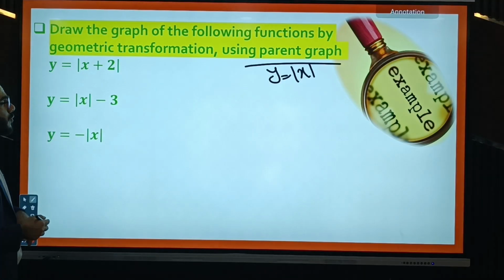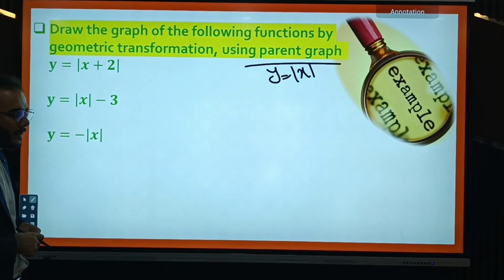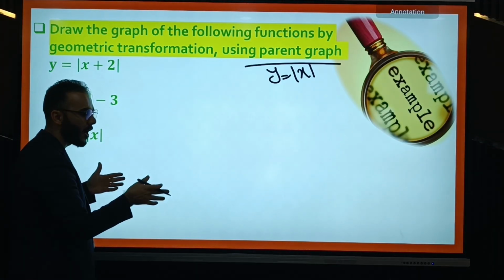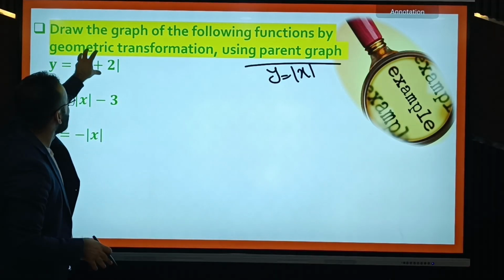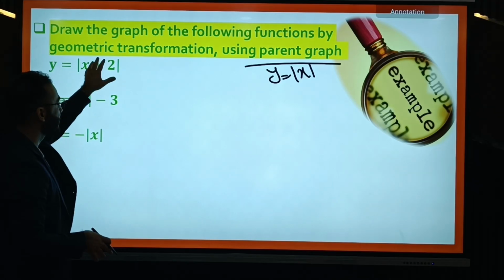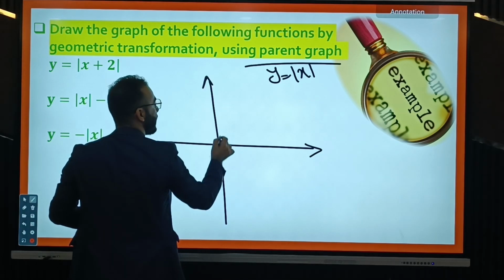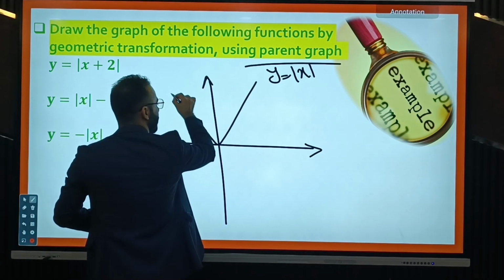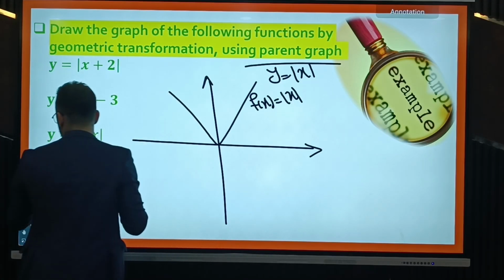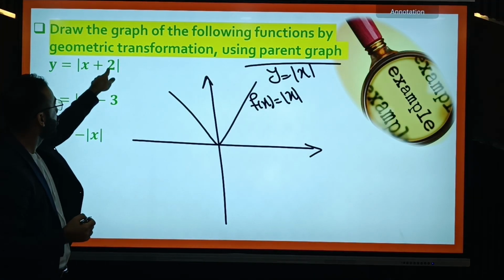So, the first one, the absolute value of x plus 2. The number is inside. What kind of shift do we have? Excellent, horizontal. How many units and to which side, left or right? If there is positive, we will go to the left. Let's draw the parent function, f of x equals the absolute value of x, and the shift. We move to the left 2 units.